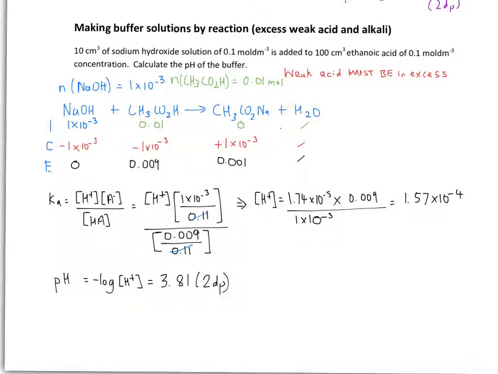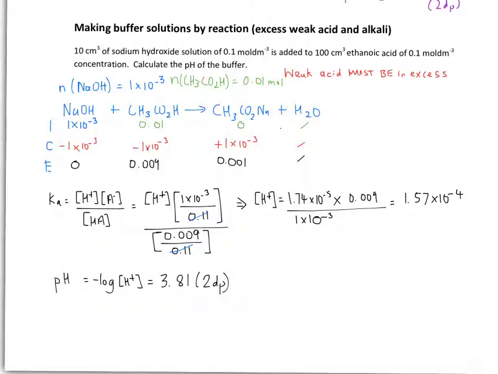Salt is 0 to start with because we're making a buffer, so there's no conjugate salt to start off with. And then for the change amounts, we pick the lowest number of moles that's reacting. So NaOH is the lowest number of moles reacting, so it's minus 1 times 10 to the minus 3. The acid goes down by the same amount.